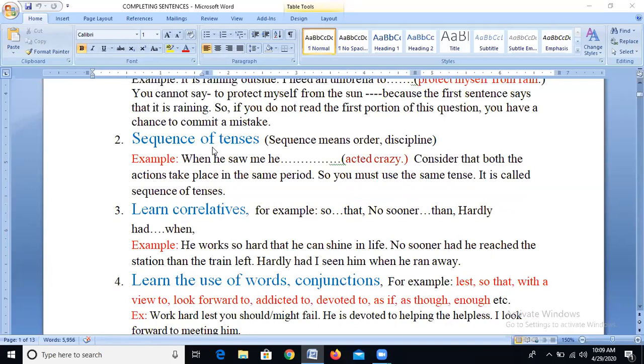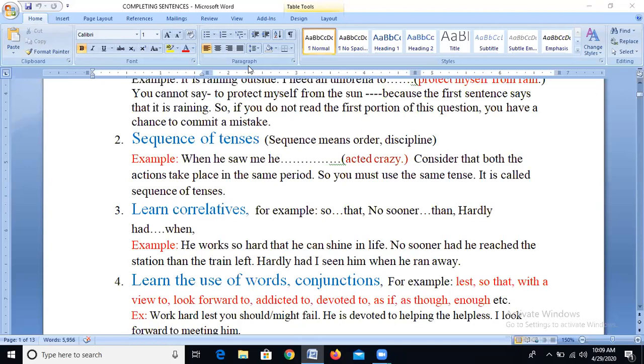Correlatives are usually used in sentences to connect two clauses or sometimes two words or two phrases. For example, so dot dot that. It's a correlative. Or no sooner dot dot than. It's also a correlative.